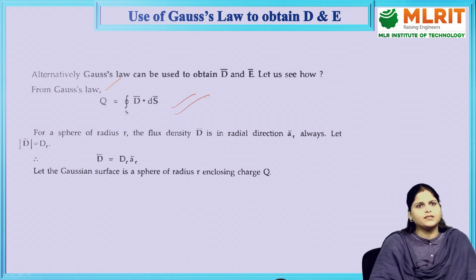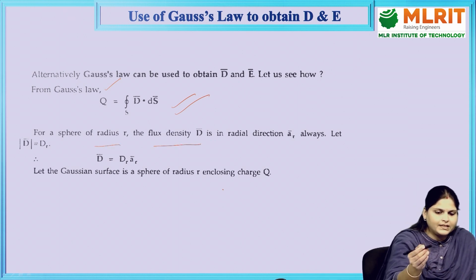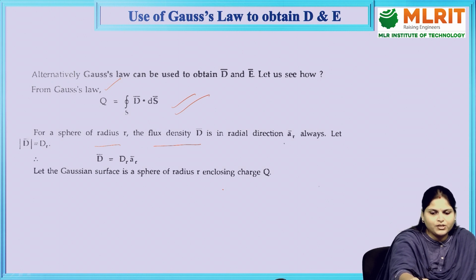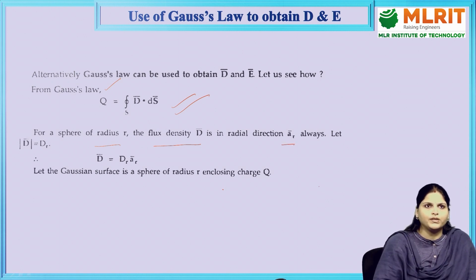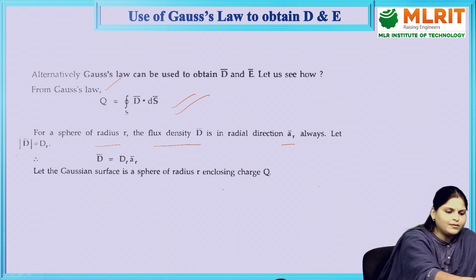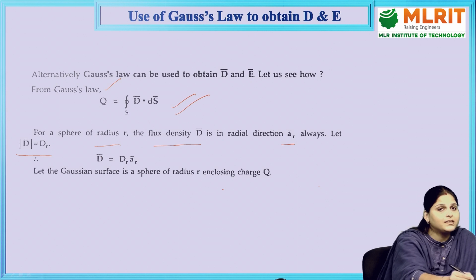Again, if we consider the sphere, the radius is r, flux density is D, which is in the radial direction aR, always normal to the surface, radially outward. Let's consider that mod D is equal to Dr. So this vector D can be written as Dr aR.